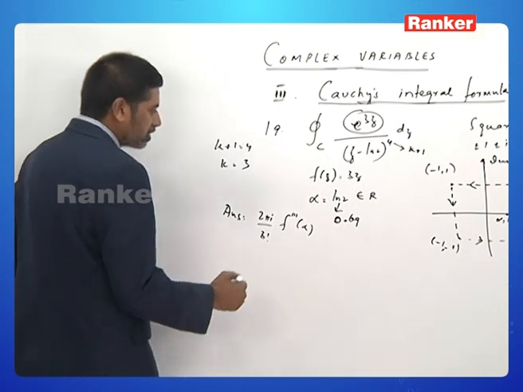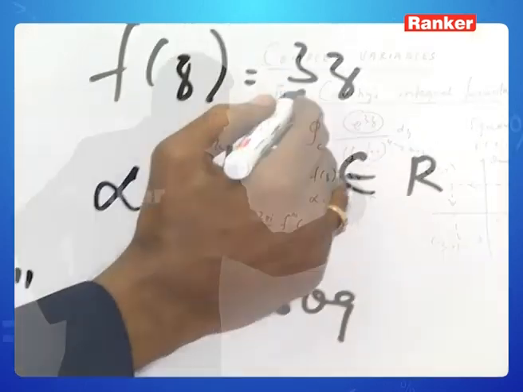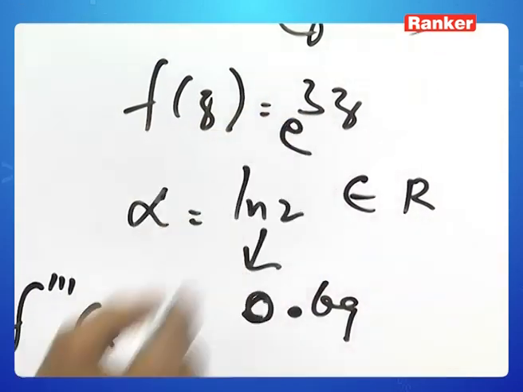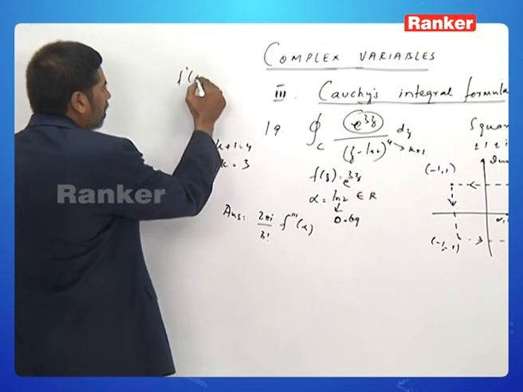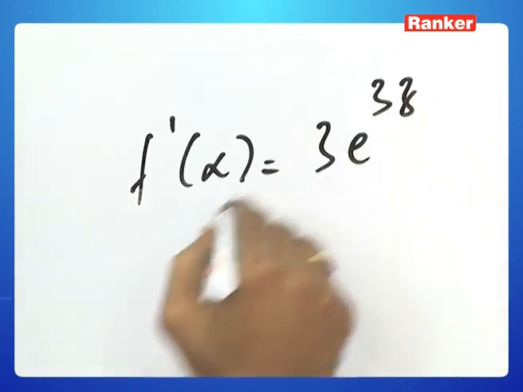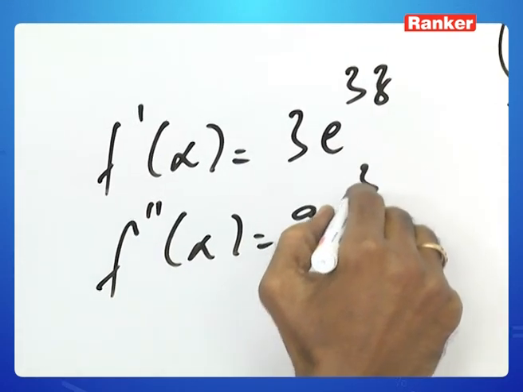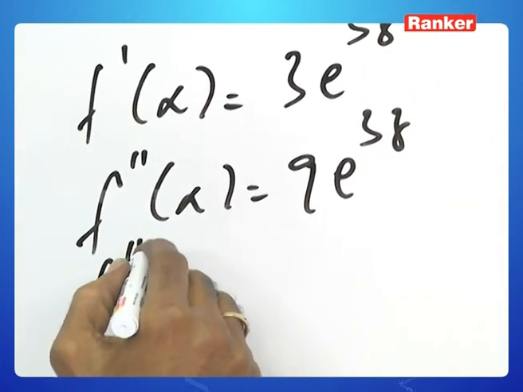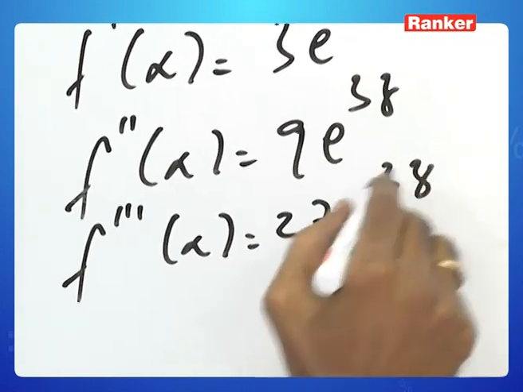So we need to differentiate this function f of z is e power 3z 3 times. So f dash z is 3 e power 3z, f double dash alpha is 9 e power 3z, f triple dash alpha is 27 e power 3z.